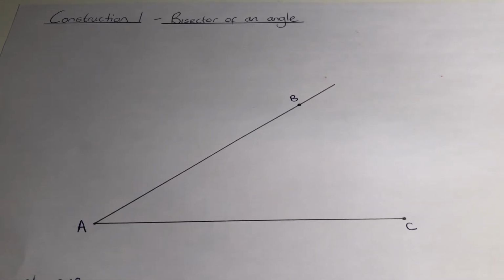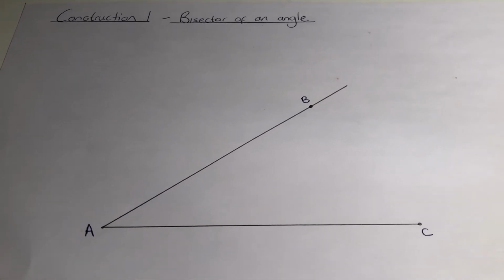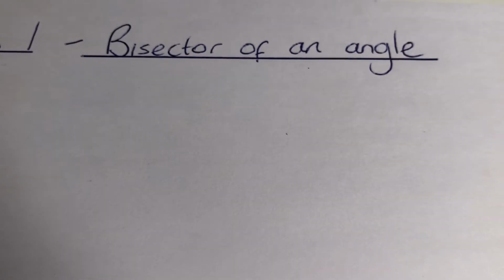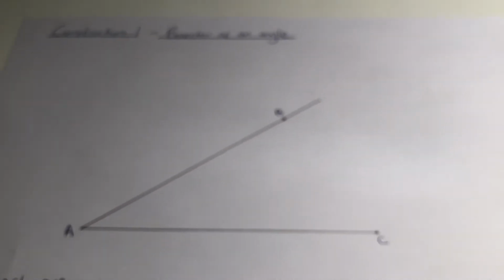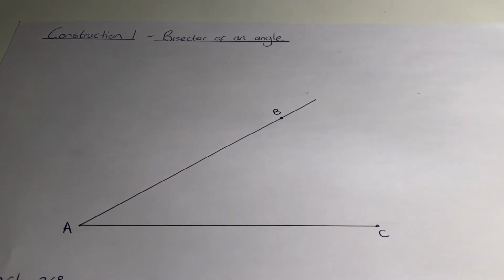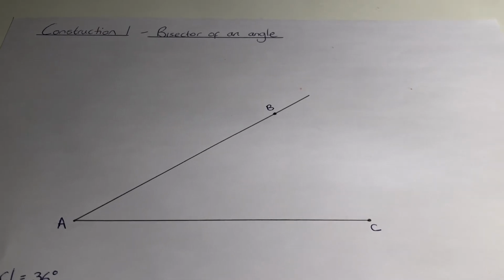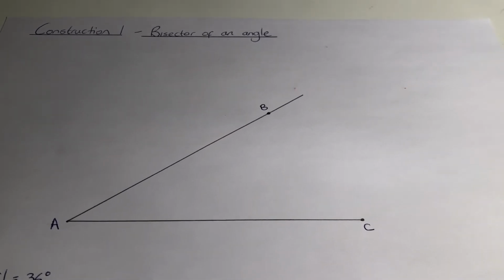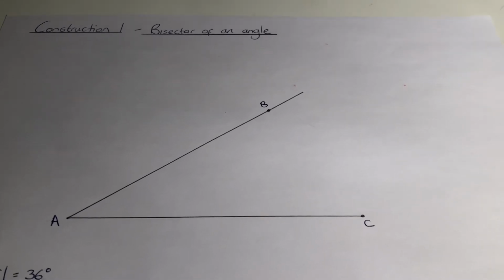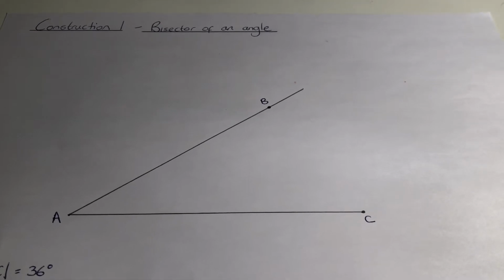In this lesson, we're going to learn construction 1, and that's called the bisector of an angle. Now, in order to be able to draw this in an exam, it's important that we know what a bisector means. If we bisect something, it means that we are cutting it, but not just cutting it anywhere, we're cutting it into exactly 2 equal parts.